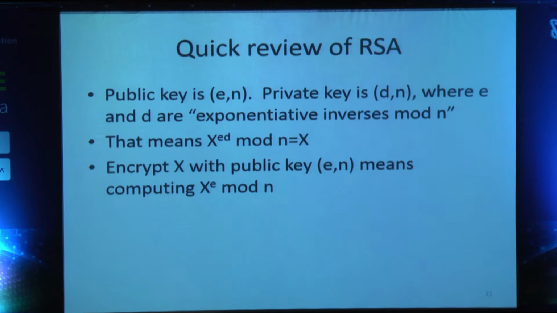a quick overview of RSA. The RSA algorithm has a modulus n and a public exponent e and an inverse exponent d. I call them exponentiative inverses mod n, and math people get annoyed at me because there is no such term, but I ask them if they can give me a better term, and they can't.